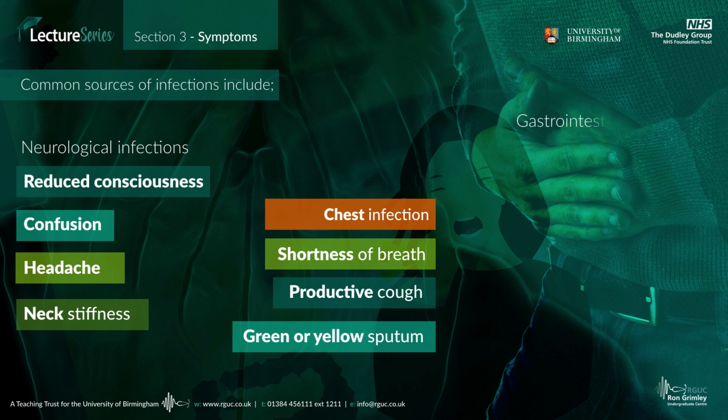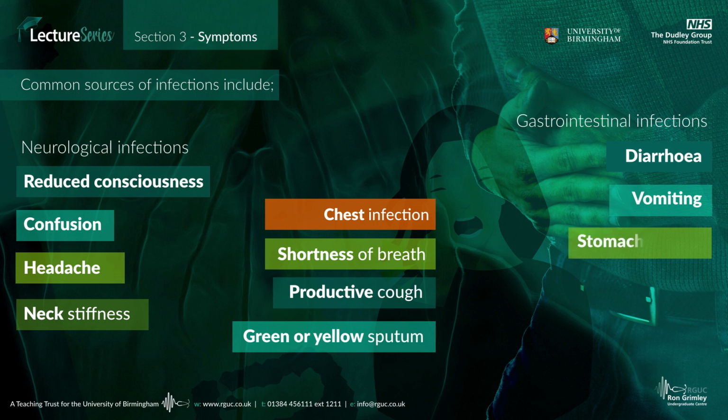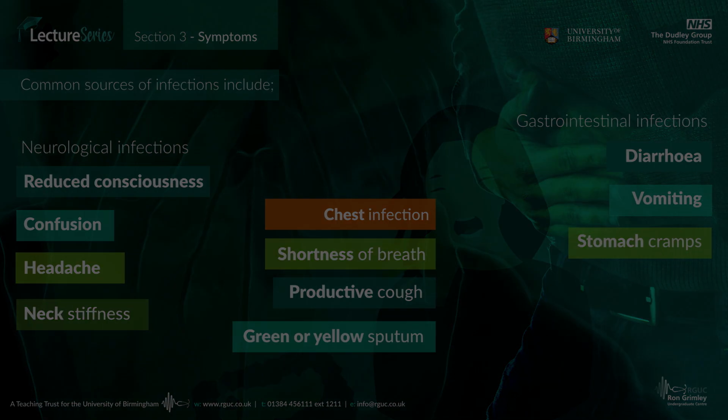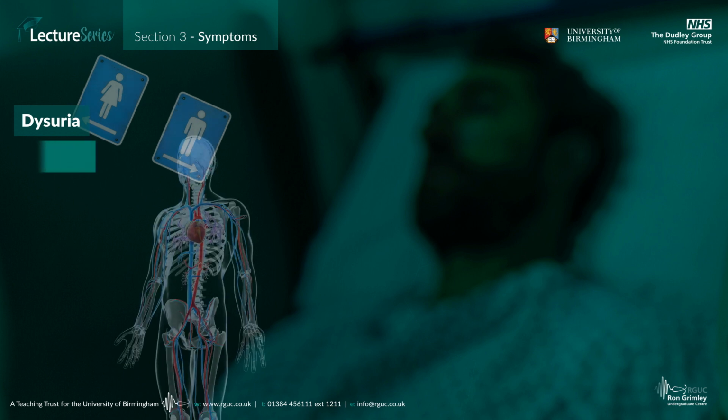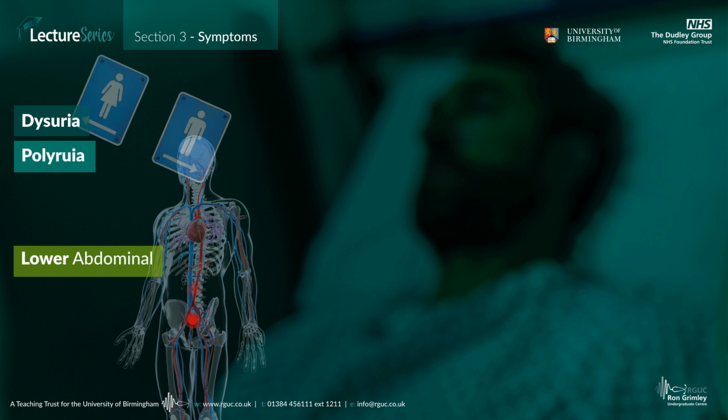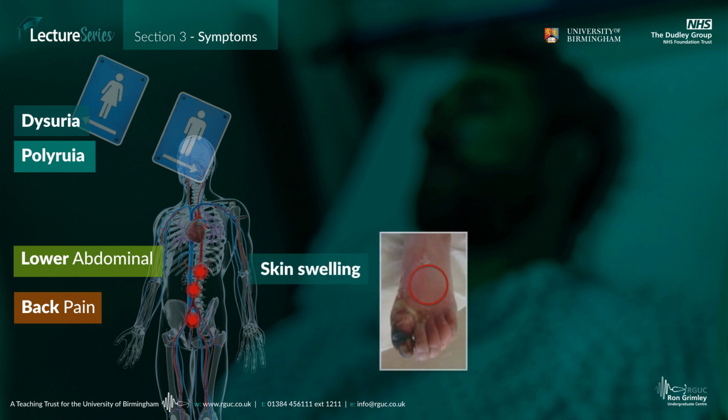Gastrointestinal infections often present with diarrhea, vomiting, and stomach cramps. In urinary infections, patients will often complain of pain or discomfort on urination, frequency, and lower abdominal or back pain. Skin infections will present with warm, red, and swollen skin.